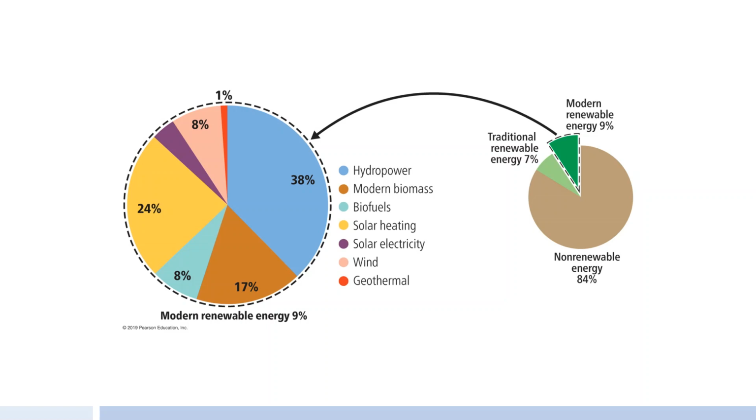And the majority of that is hydropower or hydroelectric power. Then biomass and biofuels, things like ethanol, and then we have solar heating, solar electricity, wind, and geothermal. And geothermal is a much smaller percent because it's really only available where you have that as an option. So Iceland can produce tons of geothermal energy.